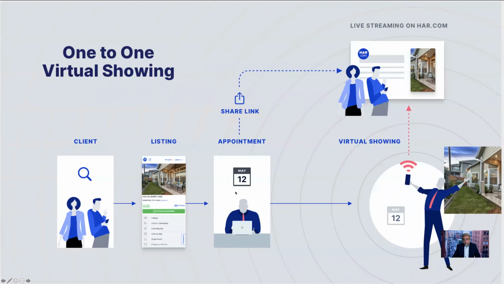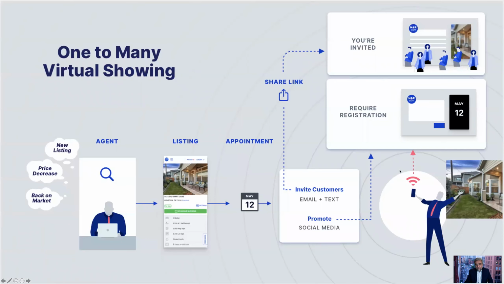What you can do is make an appointment with the appointment service and share the link with them. Then on the day of the appointment, you just go to the property and showcase it through the HER app. It's just very, very simple. And I'll show you how that's done.